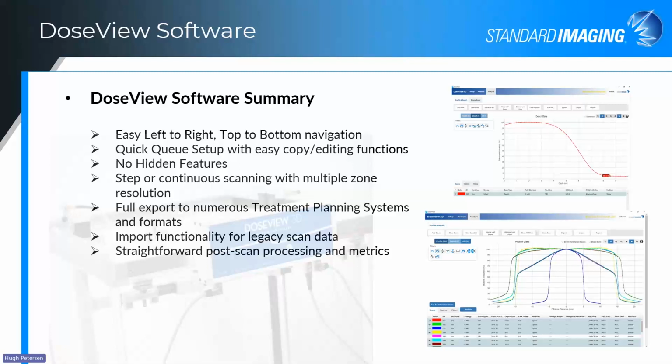Again, no hidden features. Everything is at your fingertips. We've got the export to the treatment planning systems, functionality of importing those legacy scan data from other scanners into the DoseView software, and again, that very straightforward post-scan processing and metrics right at your fingertips.